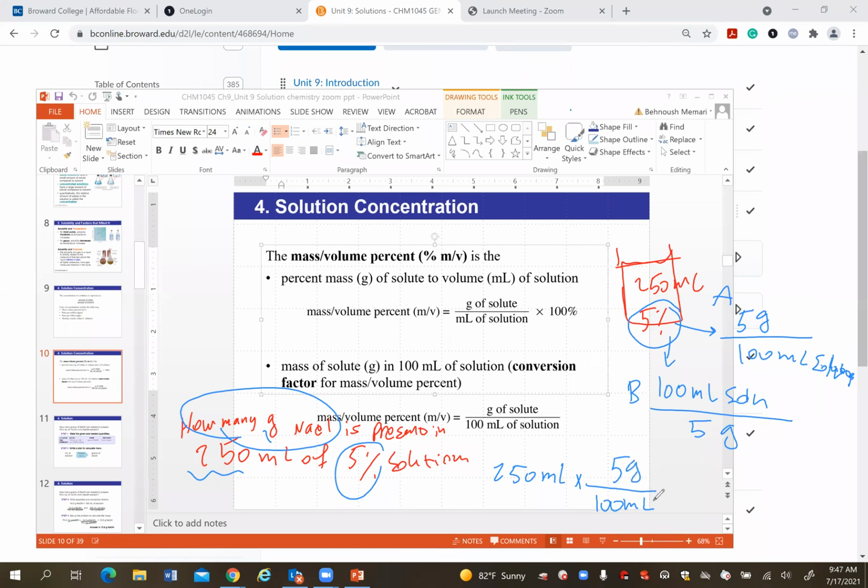Then I would cancel the milliliter, and I do the calculation. Okay, so 5, is this 12.5? 12.5 grams of NaCl. So I have 12.5 grams of NaCl in 250 milliliter of 5% solution.